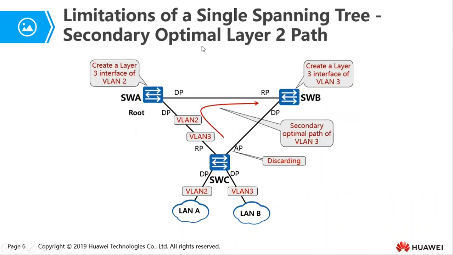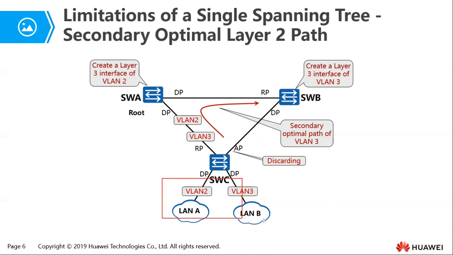Okay, so the third problem with using a single spanning tree is that we cannot always select the primary optimal layer 2 path. Most of the time, it is the secondary optimal layer 2 path that is going to be used. So again, same scenario.